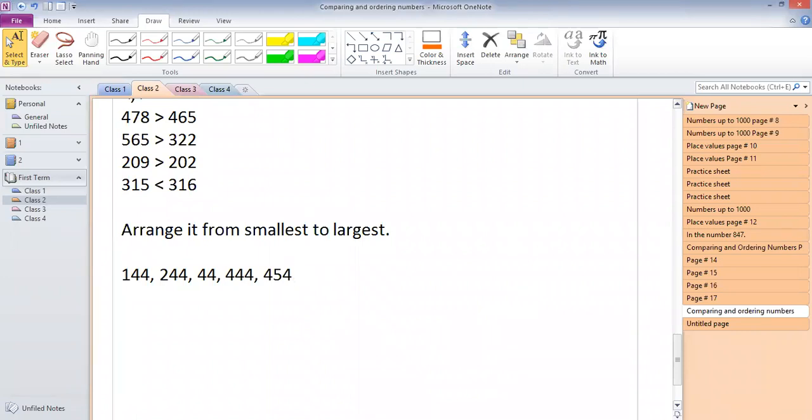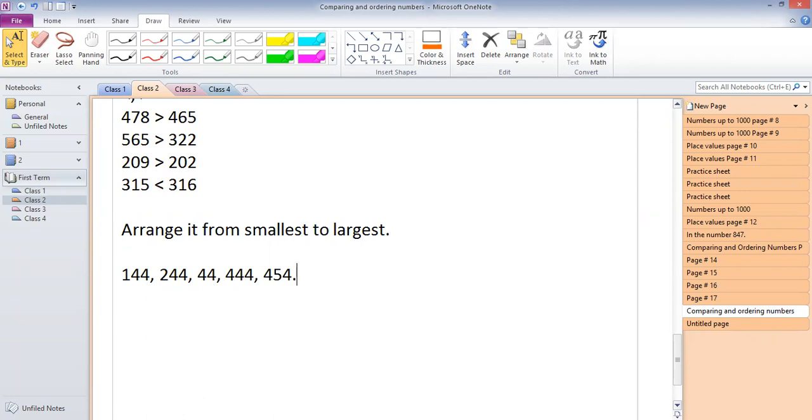Let's suppose these are the numbers, and you have to arrange them from smallest to largest. That means you have to write the smallest number first, then the bigger one, then the bigger one, and in the last you will write the largest one.